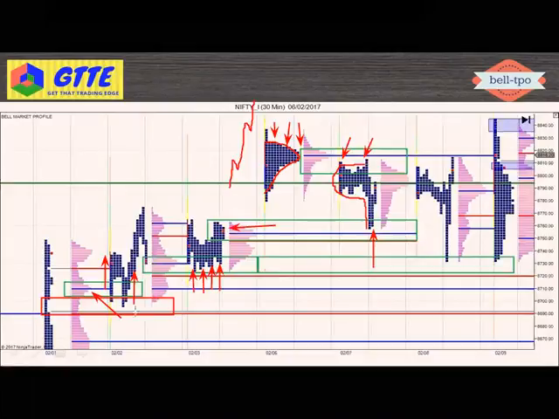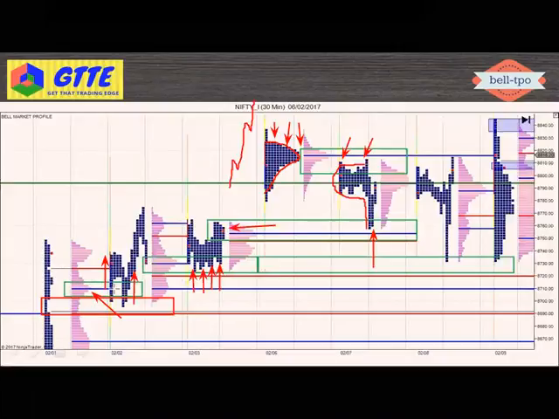But usually whenever these areas give up, the move is very rapid. Sharp moves usually happen when such single prints give up. And I do not use it in my trading.